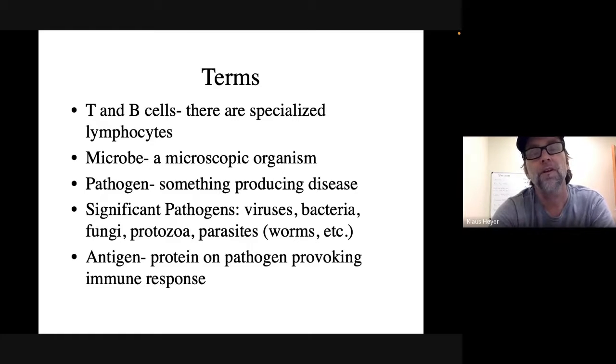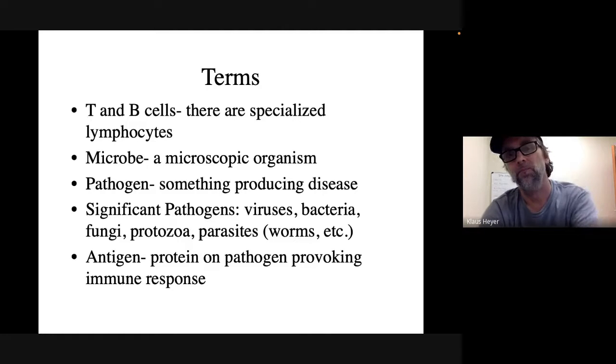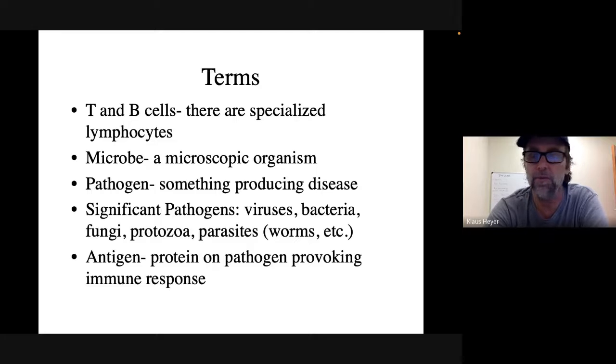There are two types of T cells actually, called T4 and T8. We'll get into that next class, but there are T cells, and then there are B cells. Those are specialized lymphocytes.